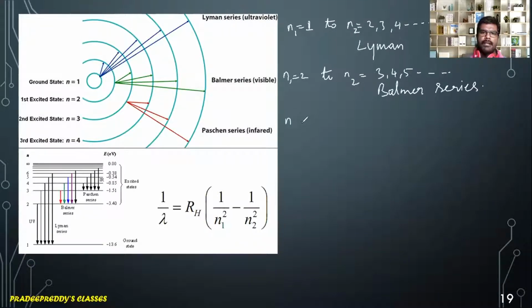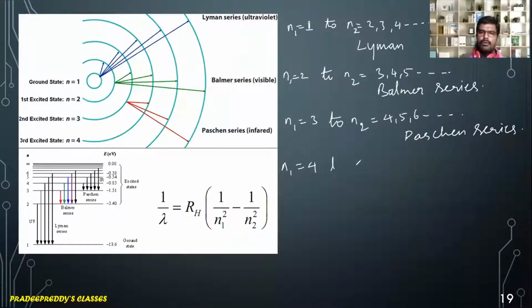And n1 equal to 3 to n2 equal to 4, 5, 6, and so on is said to be Paschen. n1 equal to 4 to n2 equal to 5, 6, and so on, you can call it Brackett series.